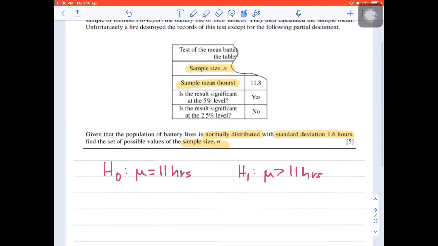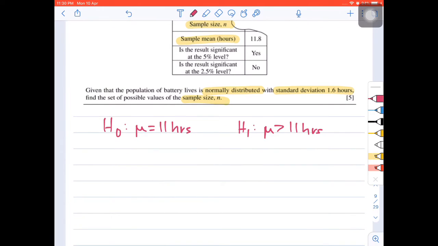Okay. So firstly, let's say that the variable was x. So x bar will follow normal. The mean we have as 11.8, and that's the sample mean, which is an unbiased estimate of the population mean. And then the variance would be 1.6 squared upon n, because we don't know the value of n, the sample size.